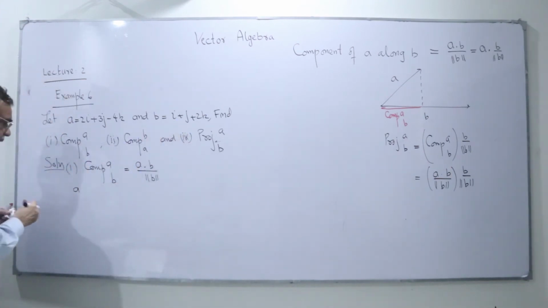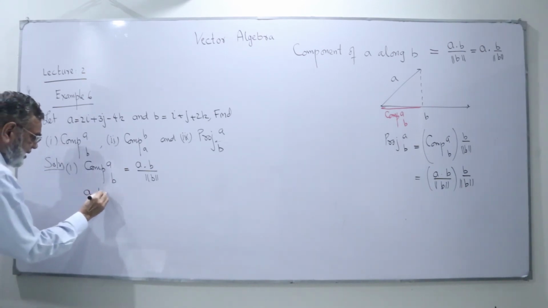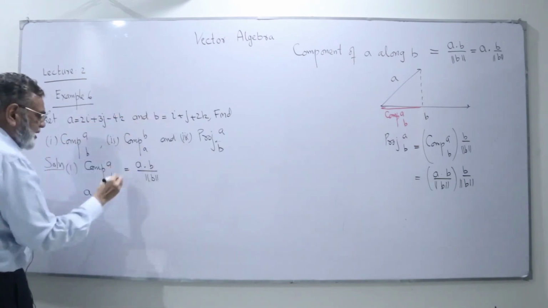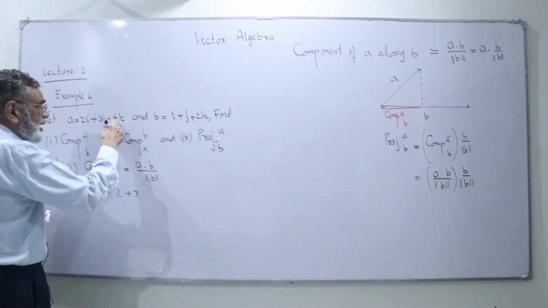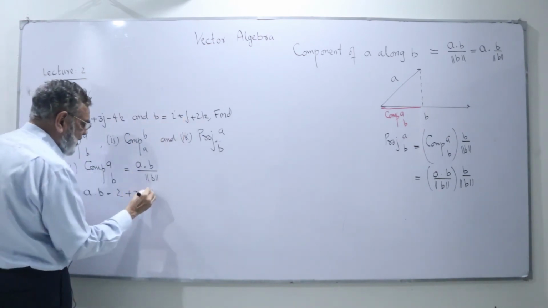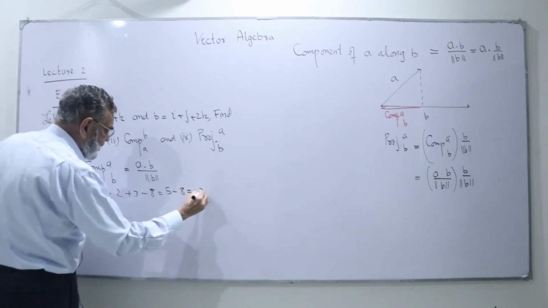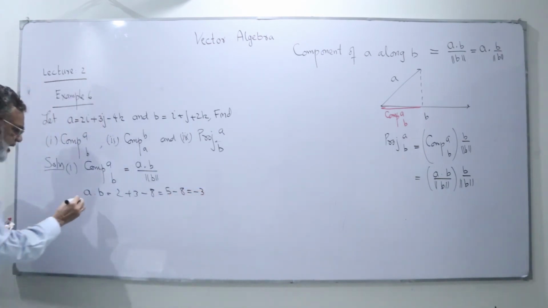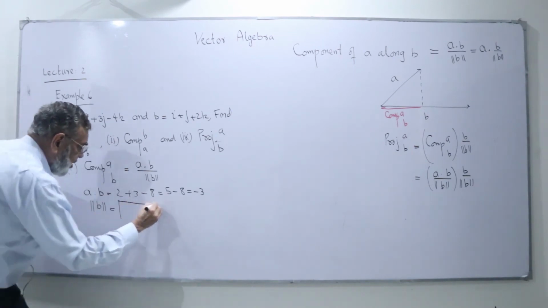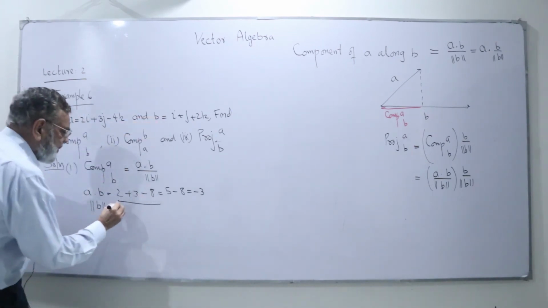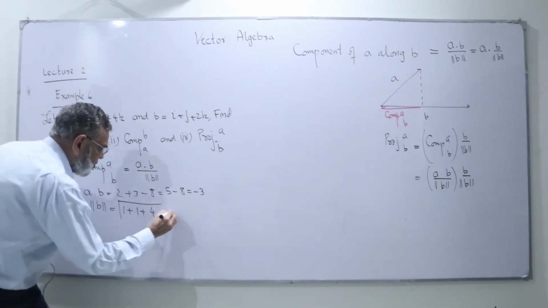So for my component of A along B, first I find A dot B. So the dot product A dot B is 2 into 1 is 2, 3 into 1 is 3, then minus 4 plus 2 is minus 8. We get here 5 minus 8 is equal to minus 3. This is A dot B. I find magnitude of B. So magnitude of B is equal to root of, this is my B, 1 square is 1, 1 square is 1, and here is 4, we get here root of 6.